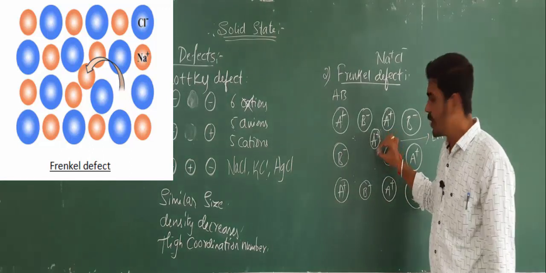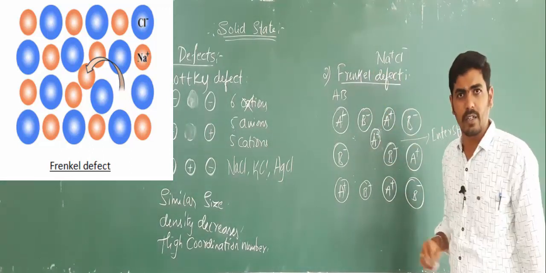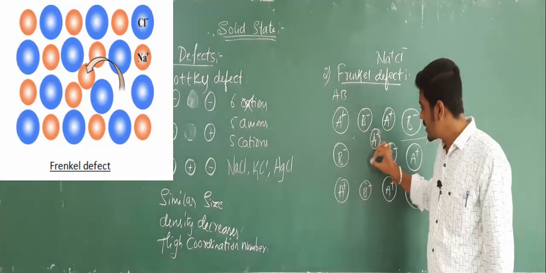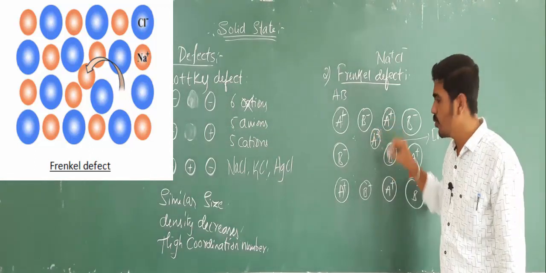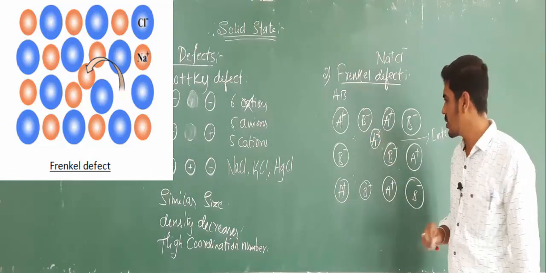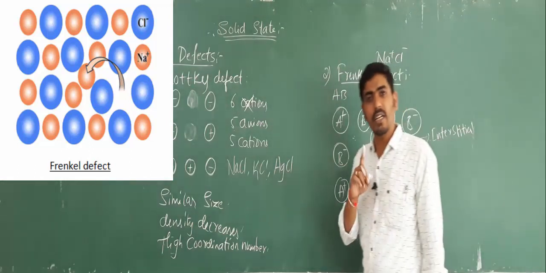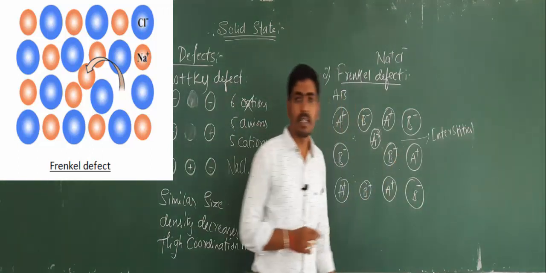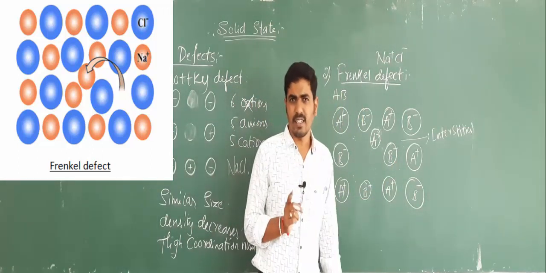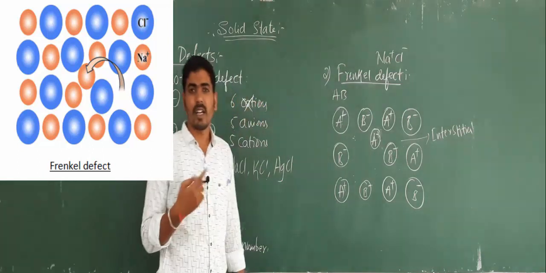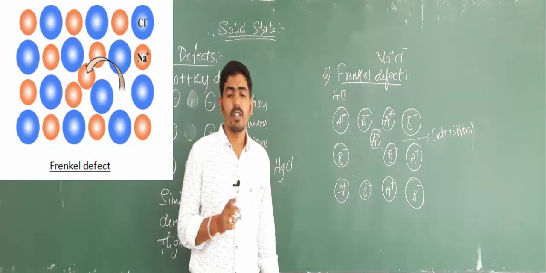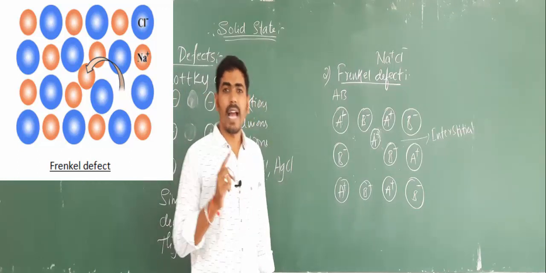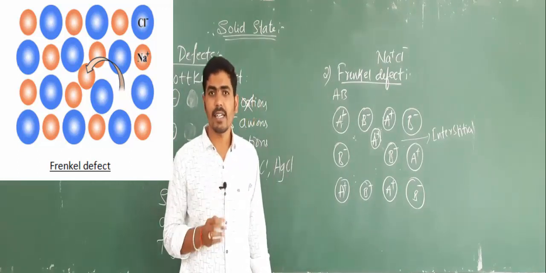This kind of defect is said to be Frenkel defect. And remember here, only cations get dislocated from their original site to the interstitial site, because cations have a smaller size and thus can easily occupy the interstitial site. While explaining the calculation of finding the formula of a compound, I told you that anions are larger in size and cations are smaller.